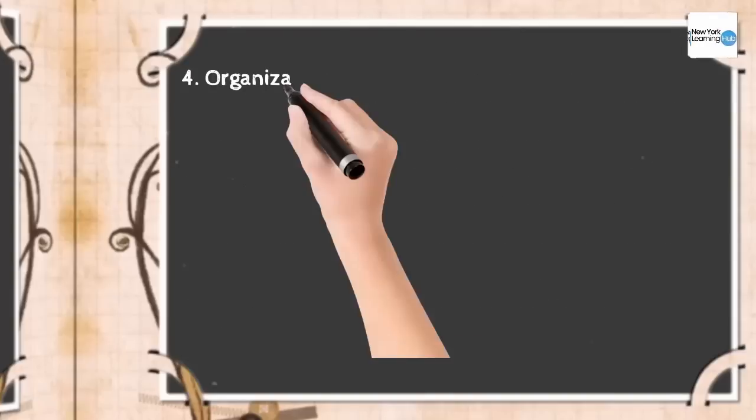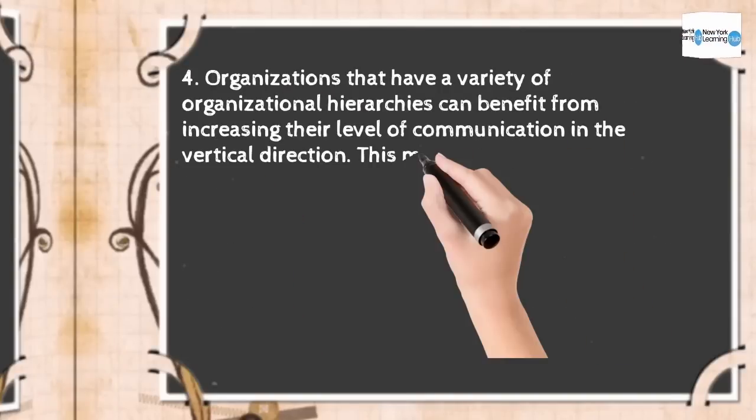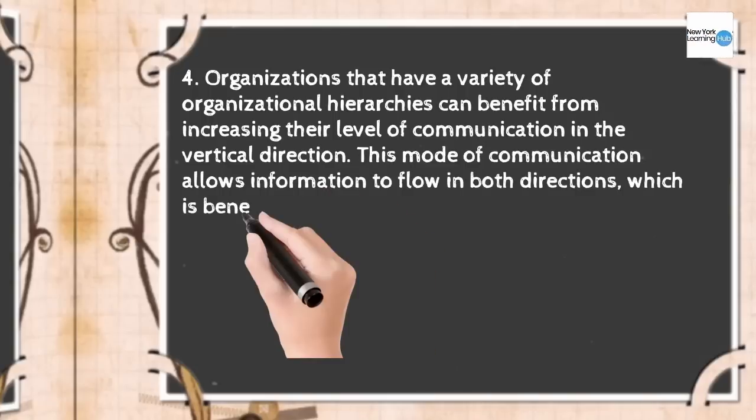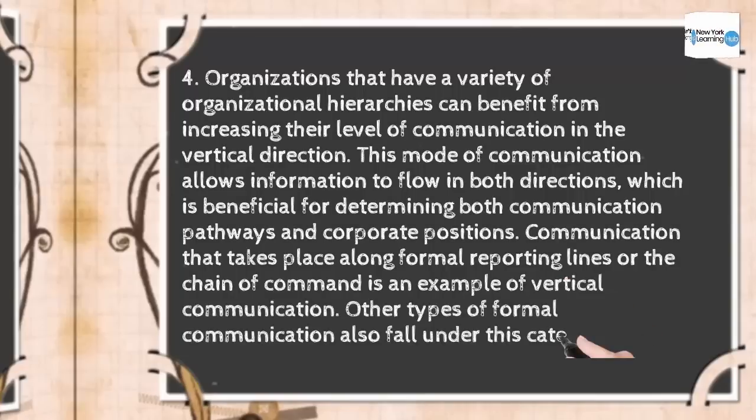4. Organizations that have a variety of organizational hierarchies can benefit from increasing their level of communication in the vertical direction. This mode of communication allows information to flow in both directions, which is beneficial for determining both communication pathways and corporate positions. Communication that takes place along formal reporting lines or the chain of command is an example of vertical communication.